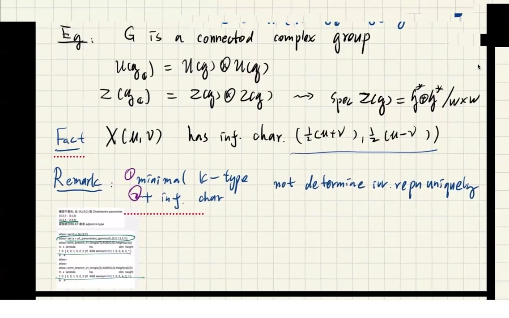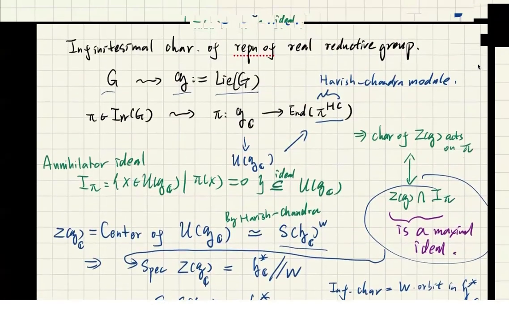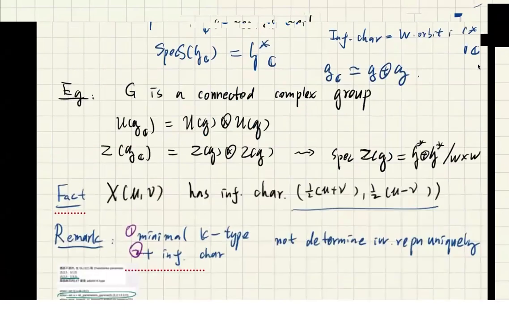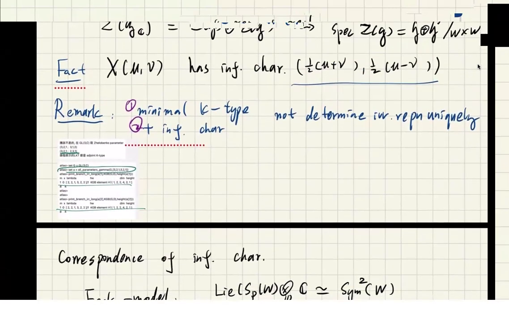Right, what's my point? So the infinitesimal character is quite important for theta correspondence because you have a dual pair G and H, and you have pi and theta of pi.